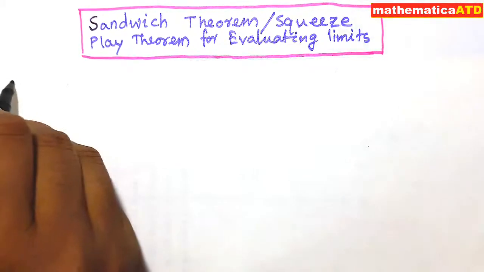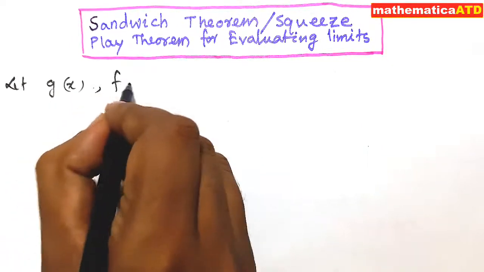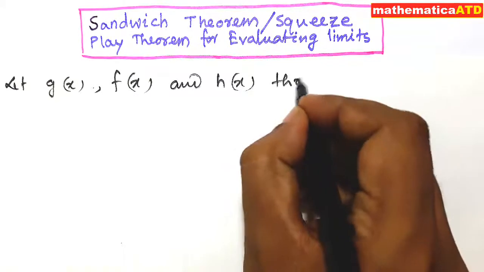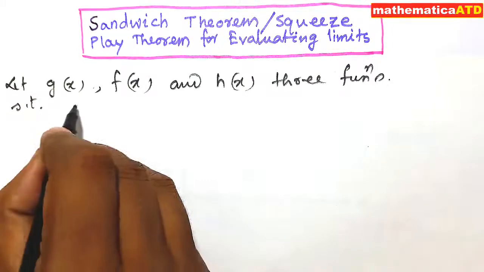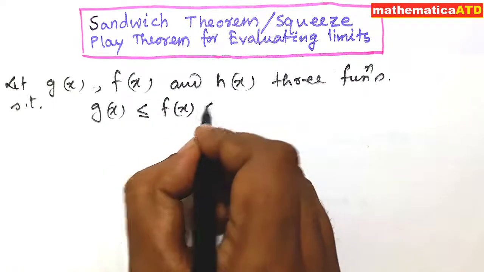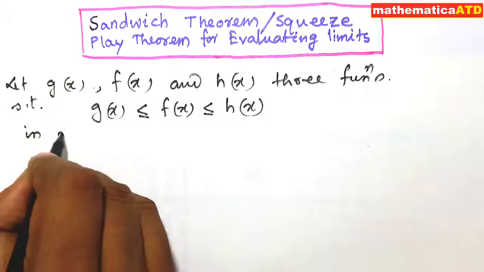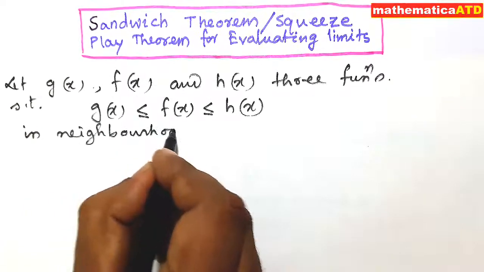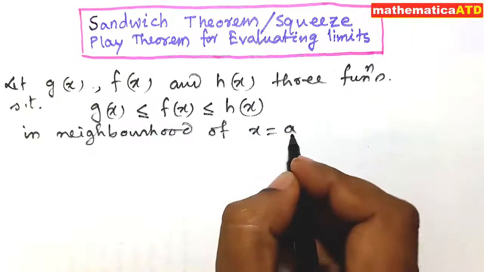The statement: let g(x), f(x) and h(x) be three functions such that g(x) is less than or equal to f(x), less than or equal to h(x), in the neighborhood of x equal to a, where a is a point in the domain.